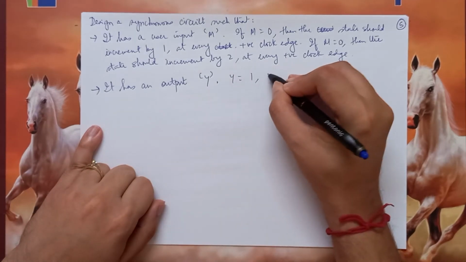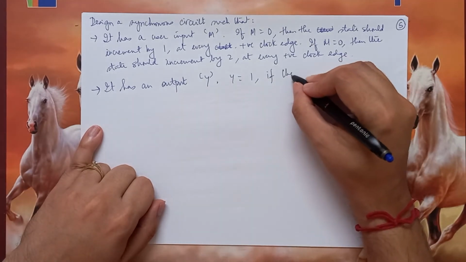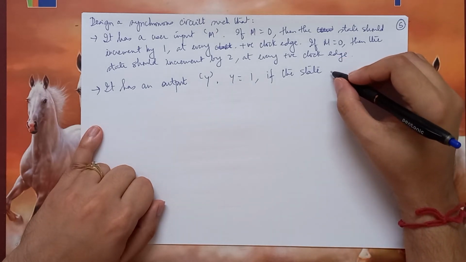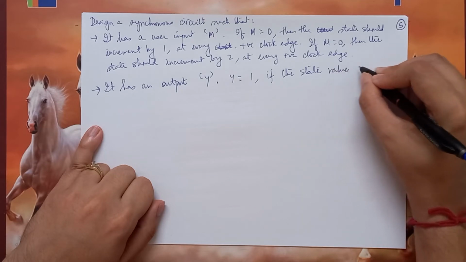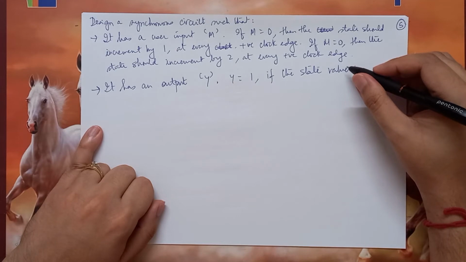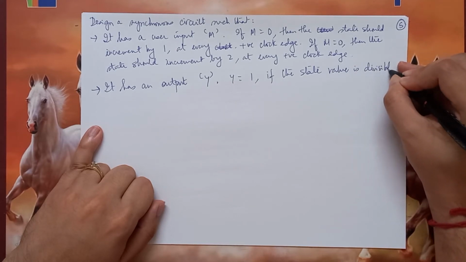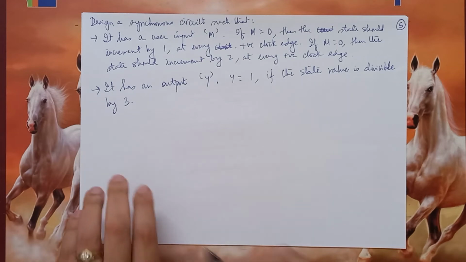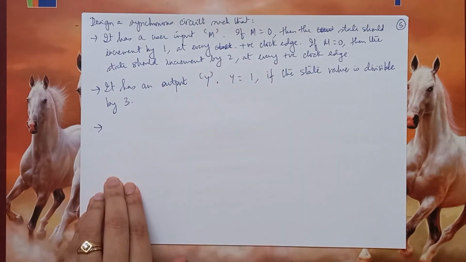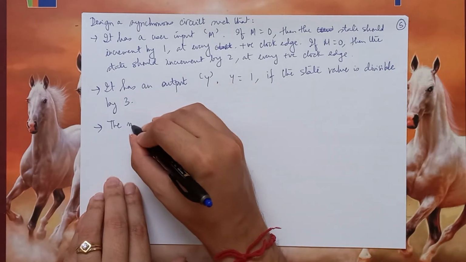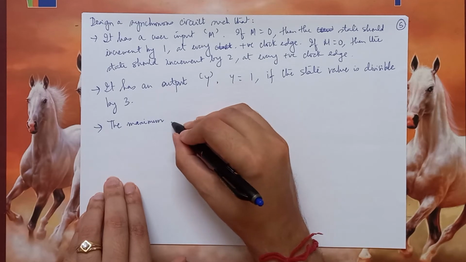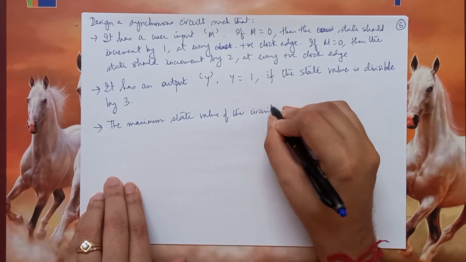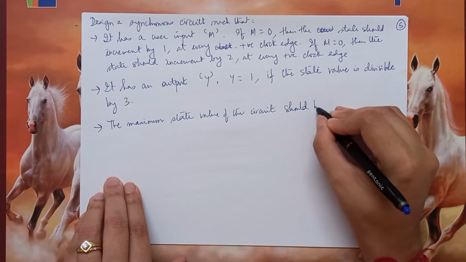Now Y will be equal to 1 if the state value is divisible by 3 and the maximum count, or the maximum state value of the circuit, should be 15.